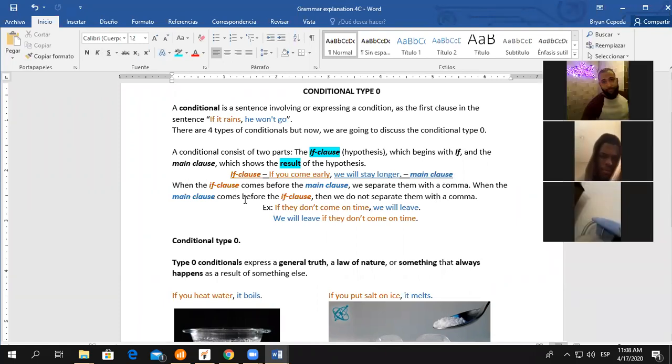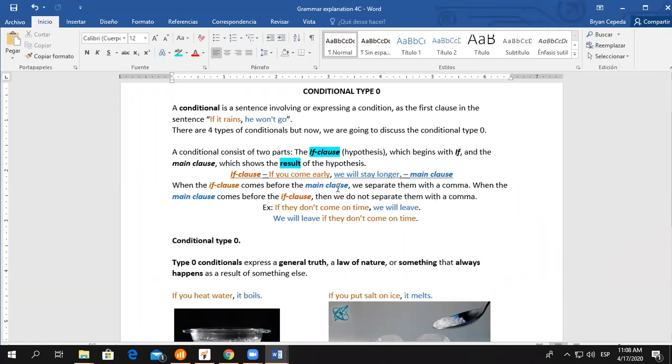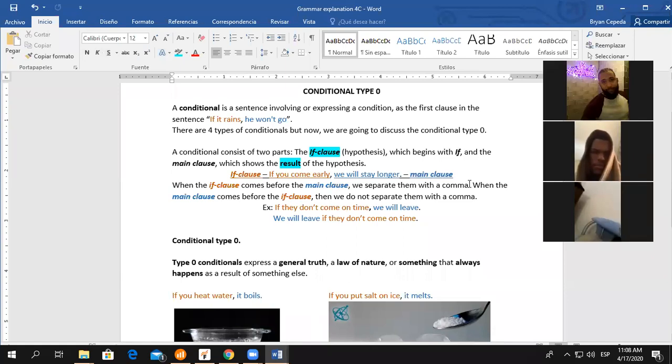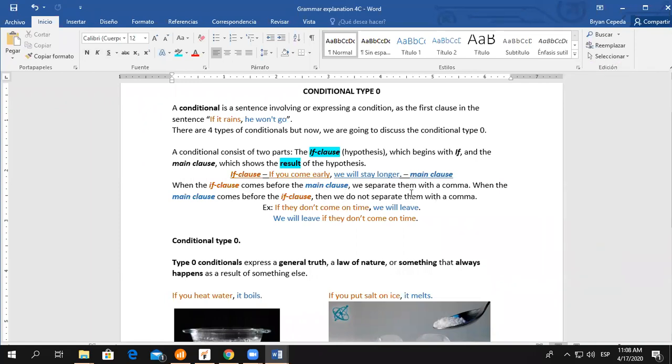When the if clause comes before the main clause, we separate them with a comma. Now, when it's the opposite, when the main clause comes before the if clause, then we do not separate them with a comma. So it's the order of the sentence.